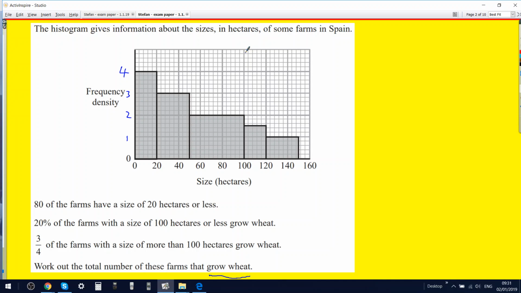Okay, so 4 times 20 is 80, and then 3 times 50 is, oh no, sorry, 3 times is that 30, isn't it? So yeah, 90.